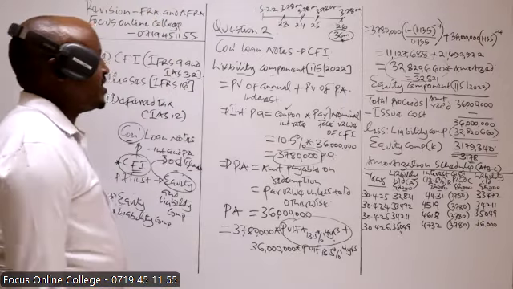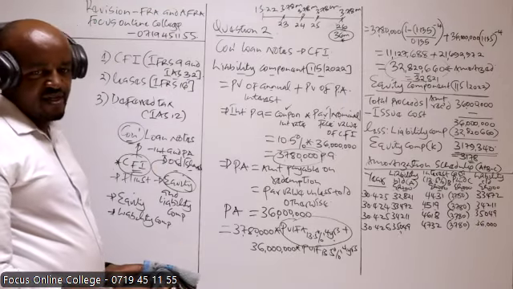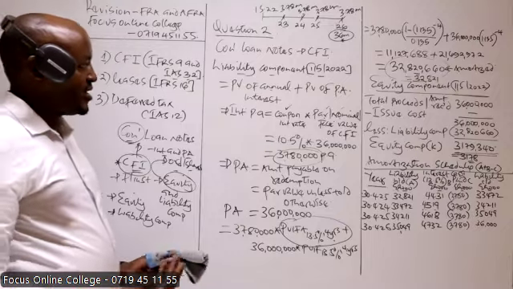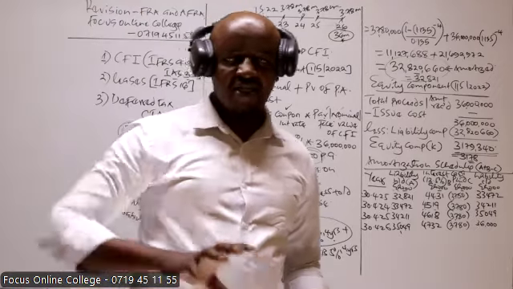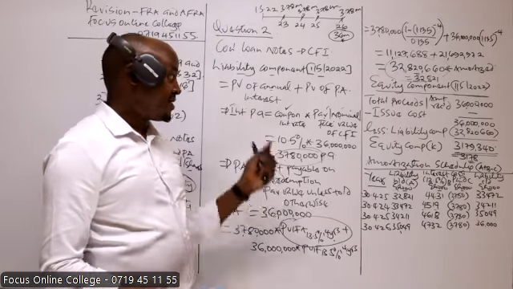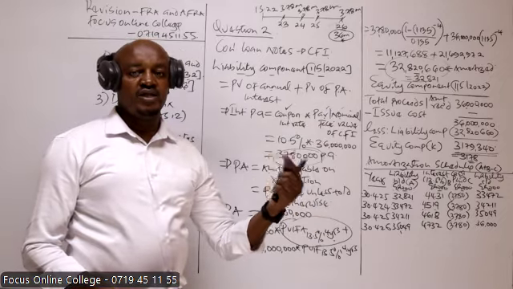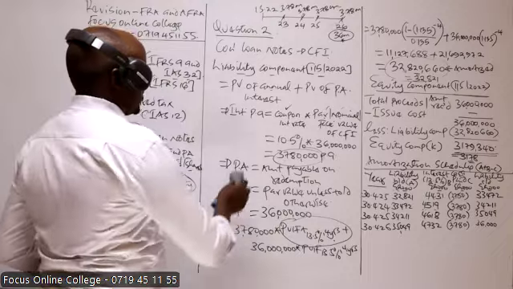Now I think we are almost done. What we need to do here is prepare a financial statement extract. We want to demonstrate what was supposed to be recognized in the income statement as far as this financial instrument is concerned, and what was supposed to be recognized in the statement of financial position. So let's do that.